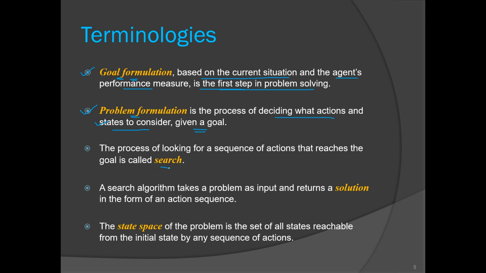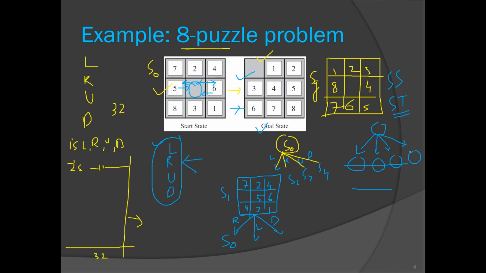Next one is search. We have obtained a search tree, right? So our agent will be looking for a solution. If you follow this tree, the root node of this tree is our initial state or start state, right? And at the leaf level, at the end, we'll have our goal state, right?